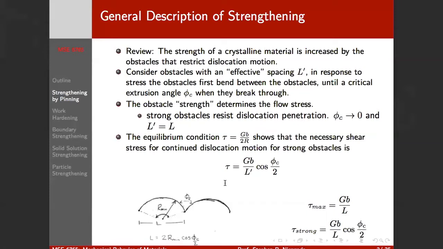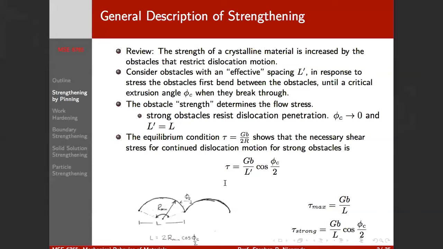Even though the particles aren't in a perfectly straight line, our dislocations will bend, so it's essentially touching. And so in this case, our maximum tau is going to be roughly Gb over L, as our theta critical goes to 0.